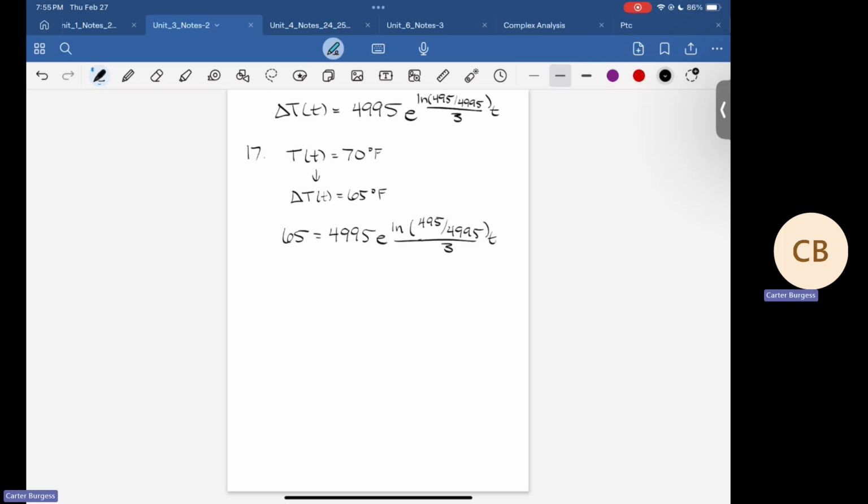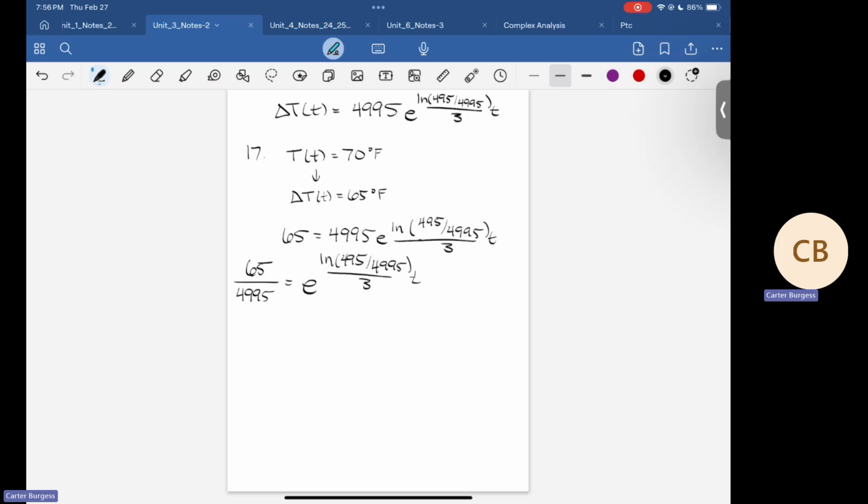Solving for t, dividing by 4995, I get 65 over 4995 is equal to e to the ln of 495 over 4995, over 3, times t.